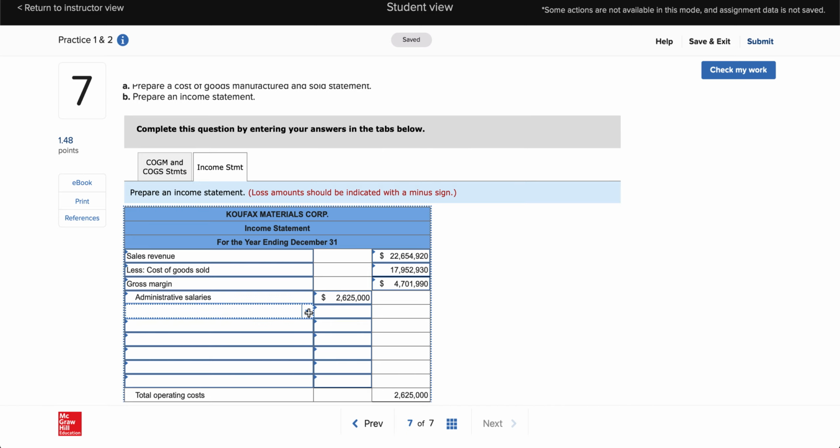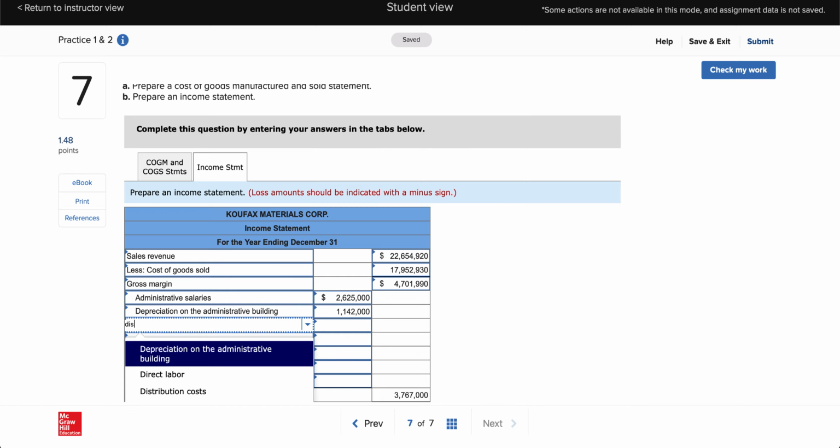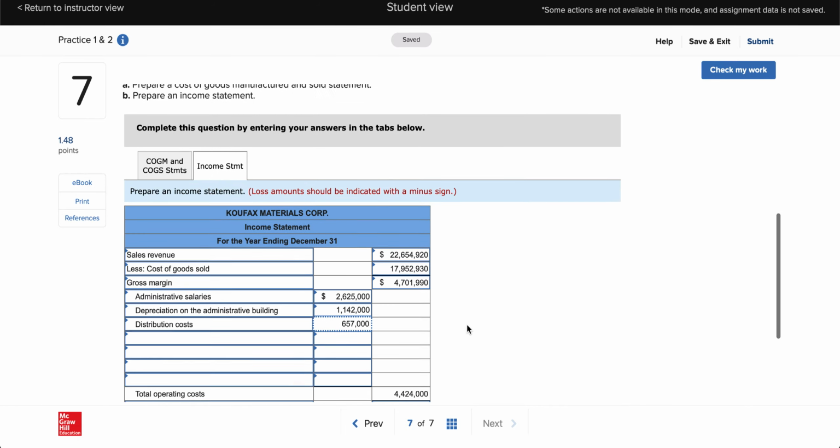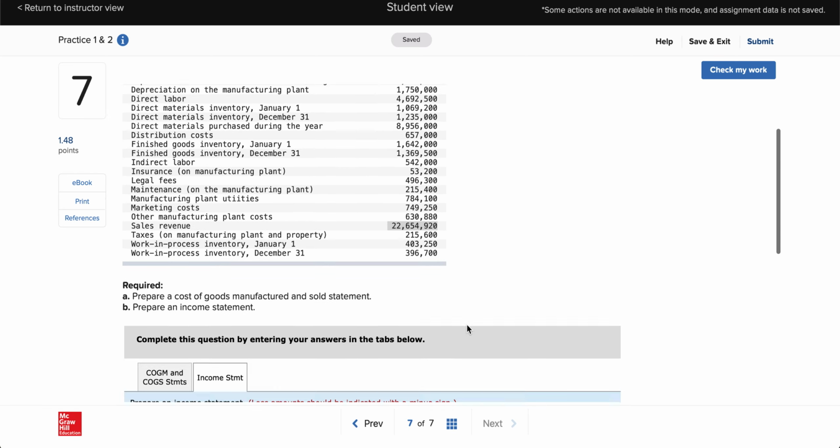We have the depreciation on the admin building. That is $1,142,000. What else did we say there? We have distribution cost at $657,000. I'm just trying to avoid the scrolling, so I'm looking at a picture of this.